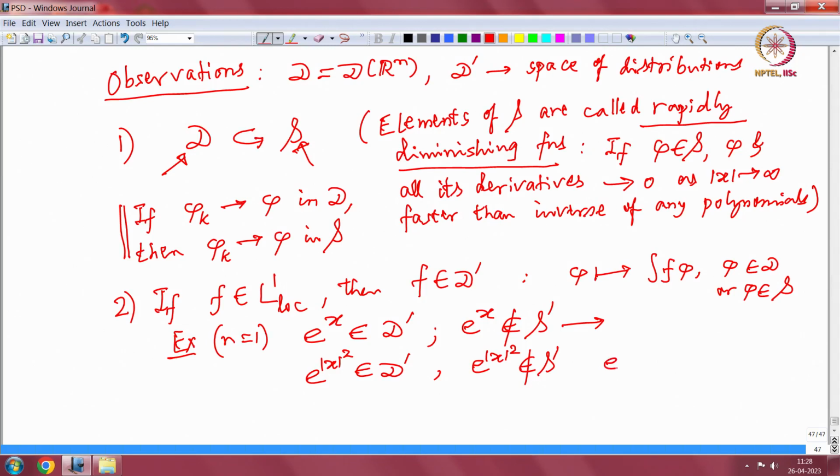If I take e to the minus mod x square, that is in S. But if I multiply this e to the minus mod x square with e to the x square, that becomes 1, which is not integrable. So, that integral is not defined. So, you see quickly this e to the mod x square is not in S prime.